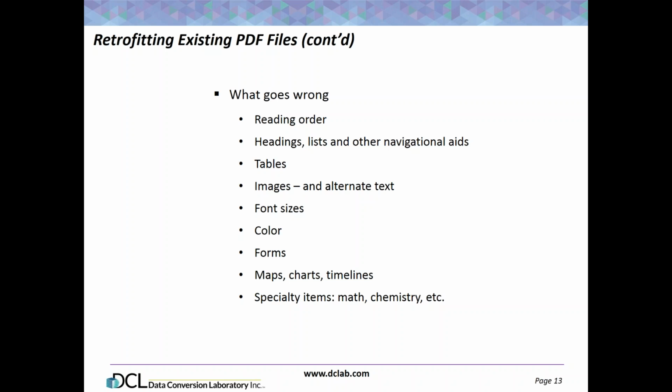Forms, we looked at before. We'll show a form later on. Somebody who's disabled, how does he fill out a form? What kind of information needs to be there to be able to do that? Maps, charts, and timelines are similar. We'll look at an example of a map in a little while. And outside of scope today, but how do you deal with math and chemistry?